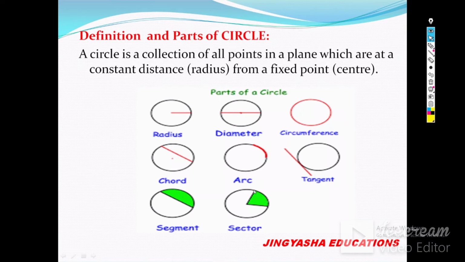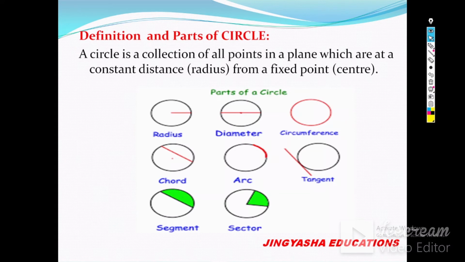And a sector: if you divide the circle by diameters, you draw many diameters and then choose a particular part, that part has a part of the circumference and 2 radii. You can see that that part is always connected to the center, but in case of a segment, the center may not be a part of that segment. So that is the difference between a segment and a sector. Then we will go to the next one.